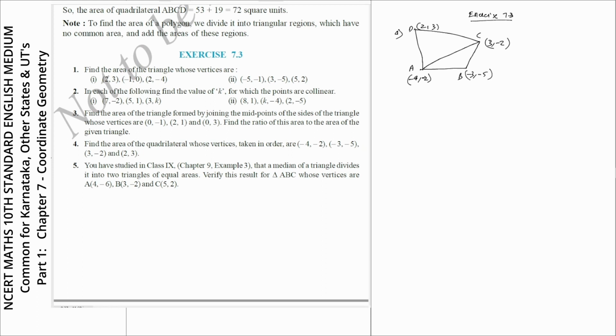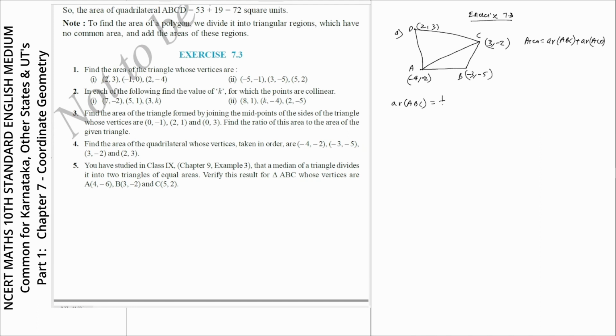Okay, now what is the total area? Total area is equal to area of triangle ABC plus area of triangle ACD. Okay, now what is the formula for area of triangle ABC?